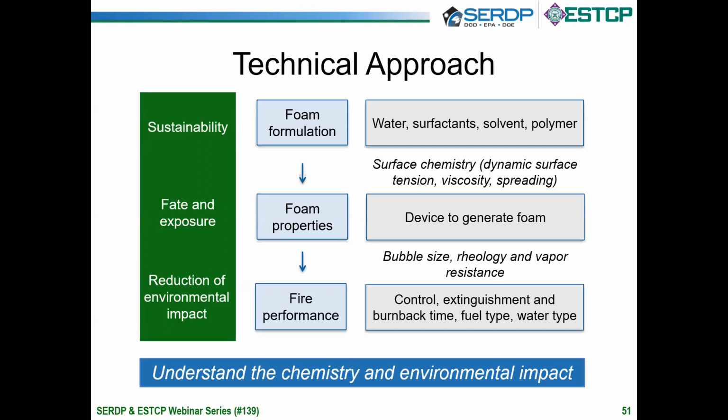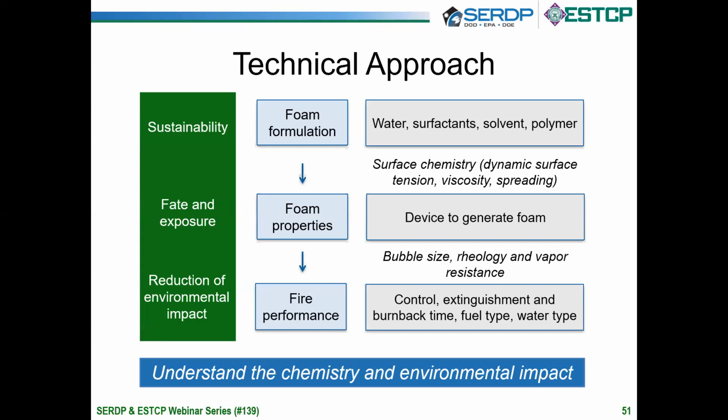Our technical approach was to say, we start with a foam formulation, and that contains water, surfactants, and other components that give it a certain surface chemistry. That could be surface tension or viscosity. And those properties mean that when you put that solution through some sort of a device, which could be a nozzle, it will generate foam.